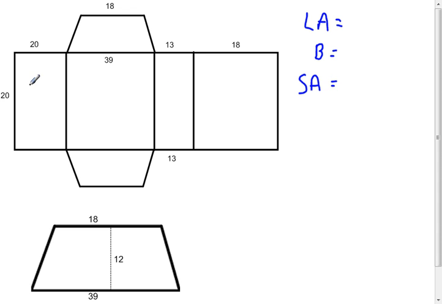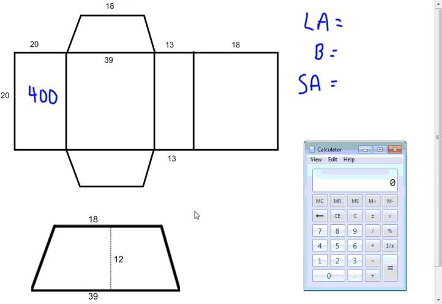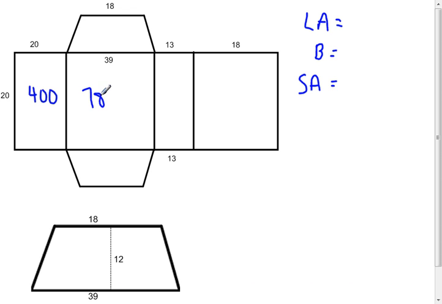Okay, so the lateral area, we get 20 times 20, that's 400. We've got 39 times 20, so I'm going to bust out my calculator. 39 times 20, we get 780. 13 times 20 is going to be 260. And then 18 times 20 is 360.